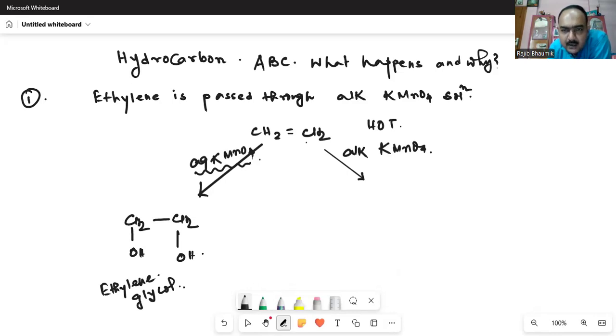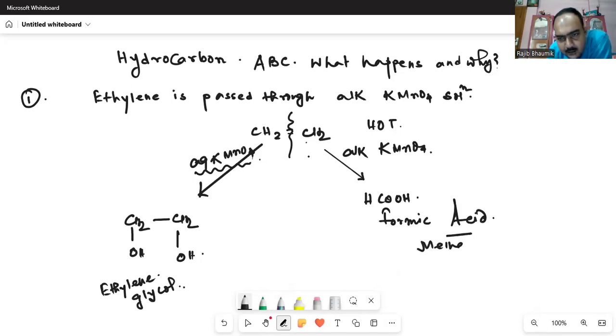And if it is hot alkaline KMnO4, then this bond will go on breaking and form formic acid, or you can also say methanoic acid.